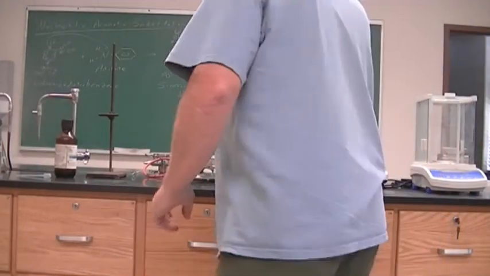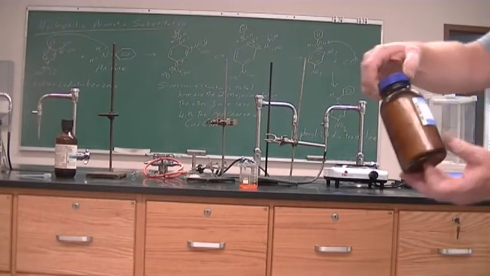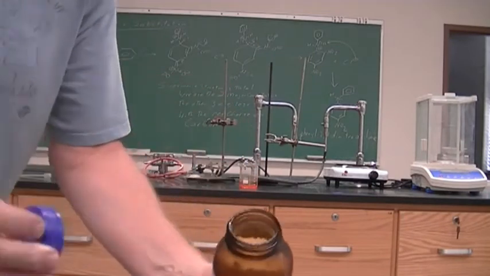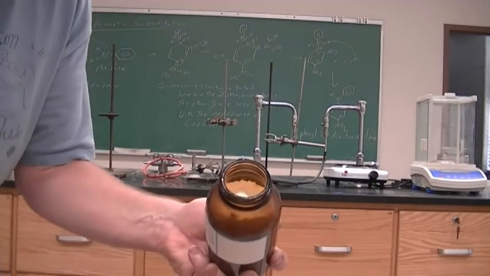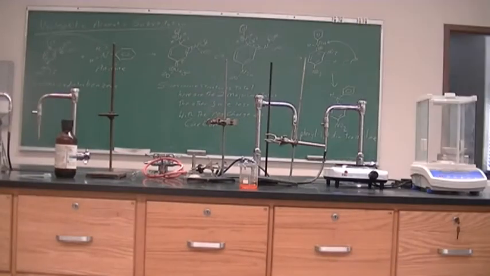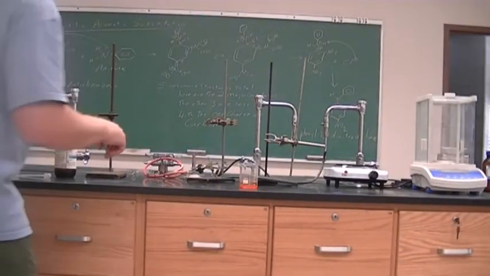We started with our 1-chloro-2,4-dinitrobenzene, and that is just a light yellow color, very similar to the product of the last reaction that we did, the electrophilic aromatic substitution.